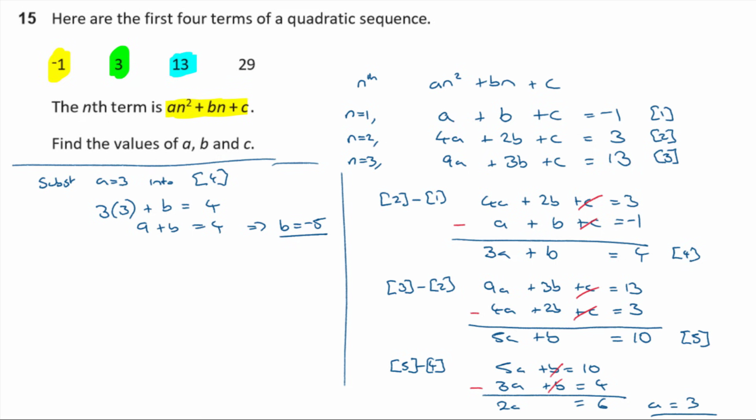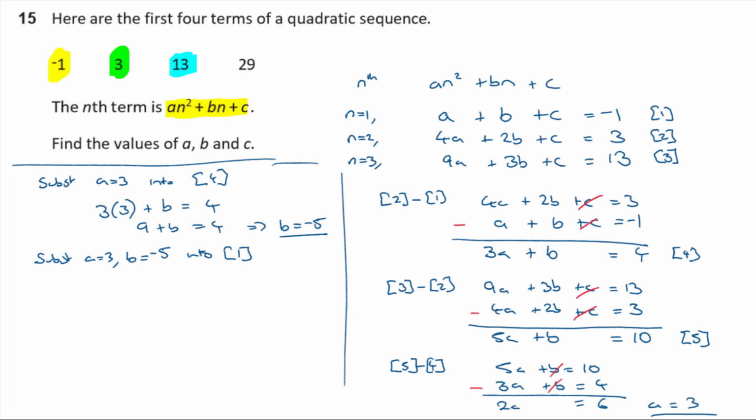b is minus 5. And now that I know a and b, I can substitute back into one of my original equations, 1, 2, or 3, to find my final value c. Okay, so I'm going to sub into equation 1. So substitute a is 3 and b is minus 5 into equation 1. And that should tell me what c is.